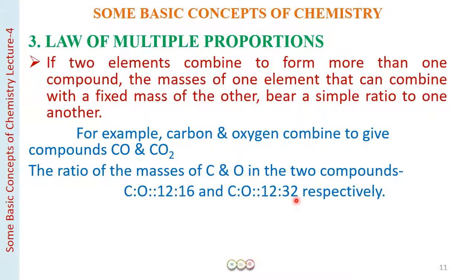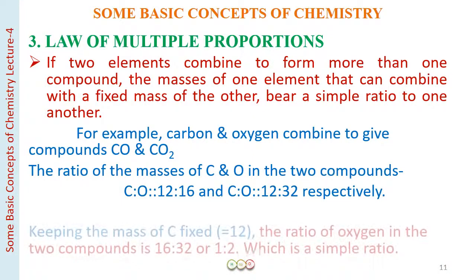So we have to fix the mass of one element. So here carbon is already 12, the same mass in both the compounds. Now what we do is we see the ratio of the oxygen which is combining with the fixed mass of carbon, which is 16:32.